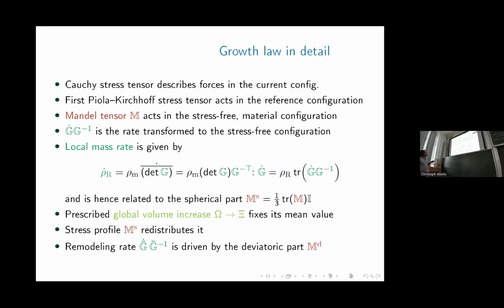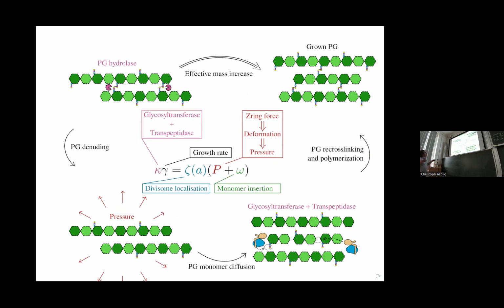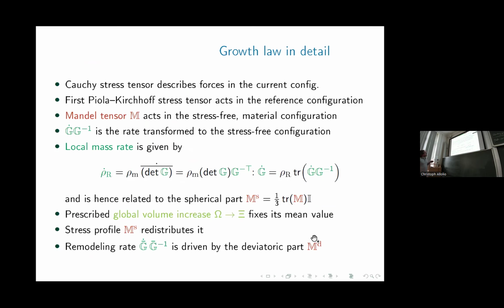And then we just have to solve it, right? The local mass rate is limited by the global mass rate, but is driven by the trace of the Mandel stress, so in a way this gives you only a sensitivity to the pressure.